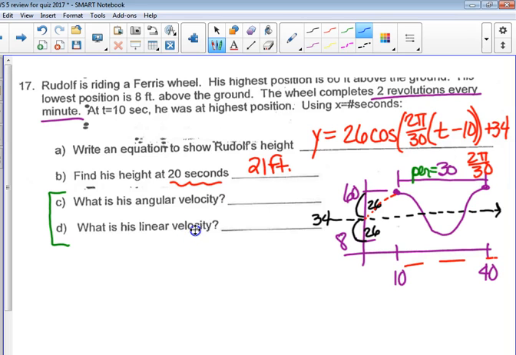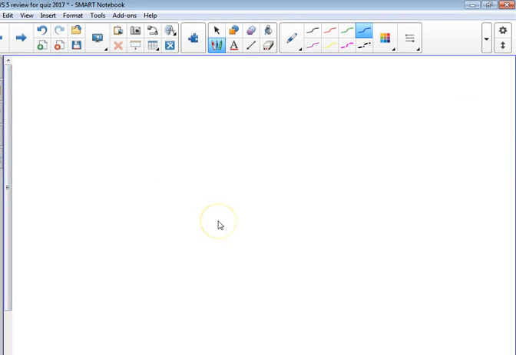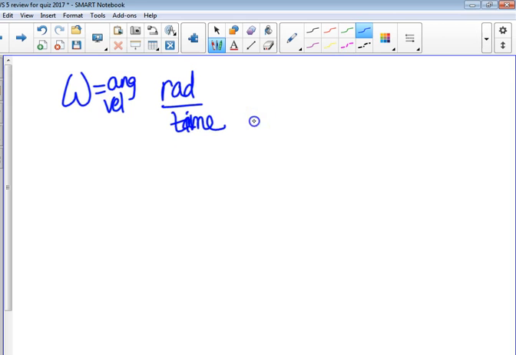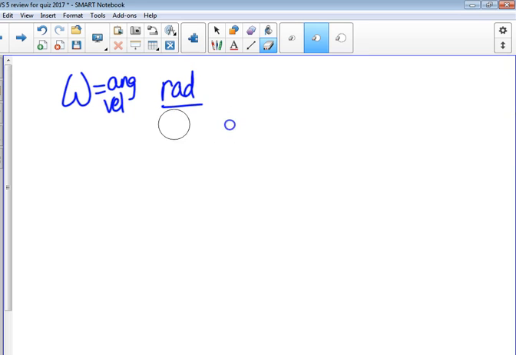Angular and linear velocity. I'm going to put a quick slide in here and review real fast. Angular velocity is radians per time. It just has to be radians per time. Okay, radians per time. That's it.